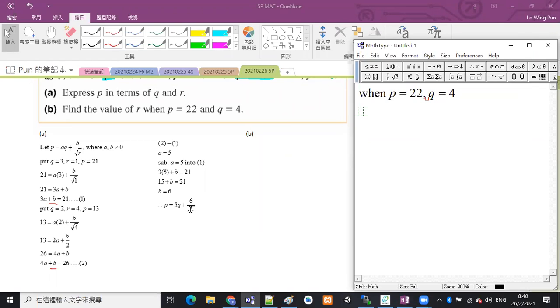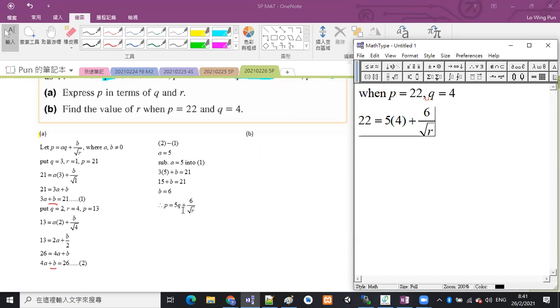So this equation, P becomes 22, is equal to 5 times Q, that is 4, plus 6 over square root of R. R is the unknown that we are going to find, okay?